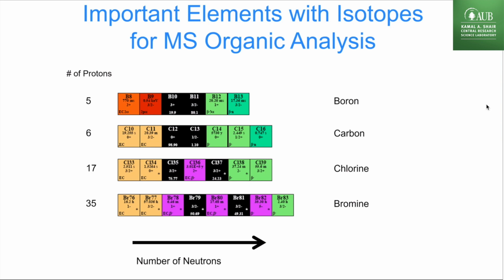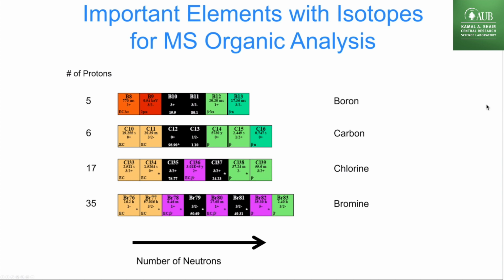And there's only 4 of them, so it's easy to remember. And maybe really only 3. Boron is not so common, but it's fairly common. Carbon, of course, is hugely common, and chlorine and bromine are definitely present, in some medicines, drugs, in pesticides, and so on. So let's look at these percentages.